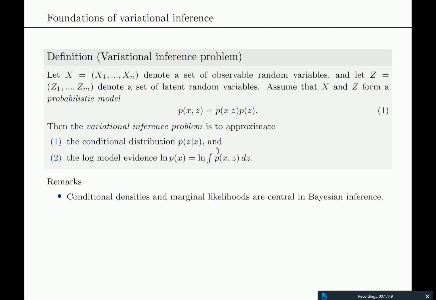For example, you can compute the posterior predictive distribution by looking at the conditional and using this together with the likelihood to get a predictive distribution. Everything that you can do based on the posterior distribution, you can of course also do based on the solution of the variational problem.